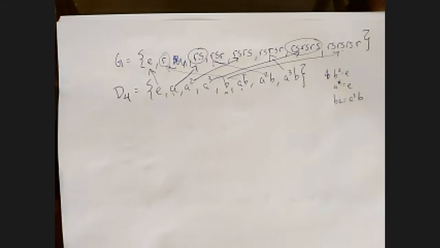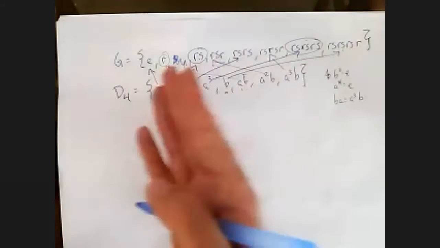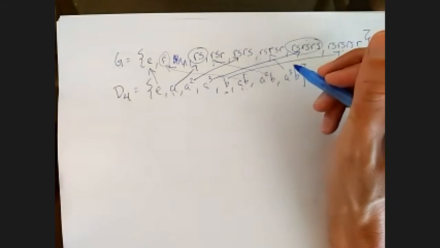You have to check all the different ways of multiplying things on the bottom correspond to the ways of multiplying on the top once you follow the arrows. So that would be just one step of many in proving you have a homomorphism.